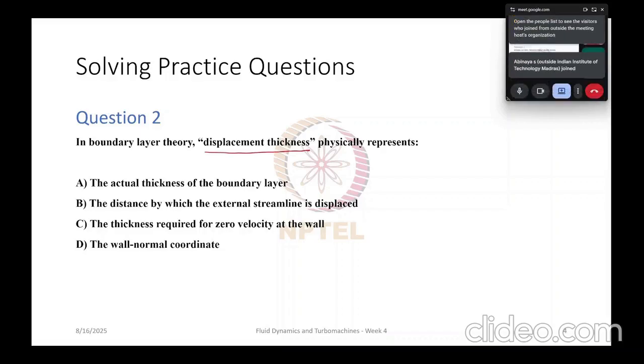Is it option B, the distance by which the external streamline is displaced? Is it option C, the thickness required for zero velocity at the wall, or is it option D, the wall normal coordinate?